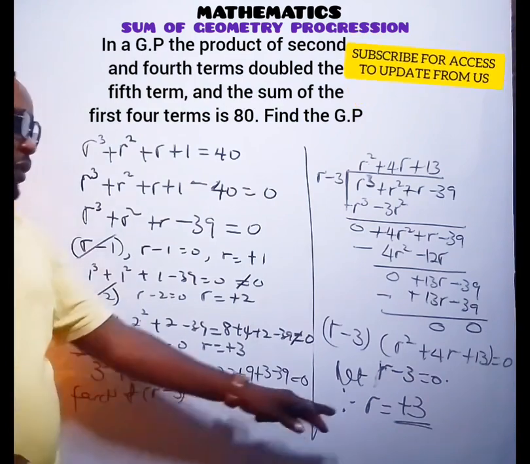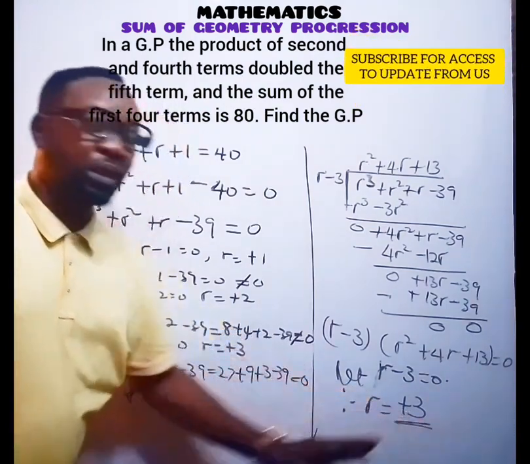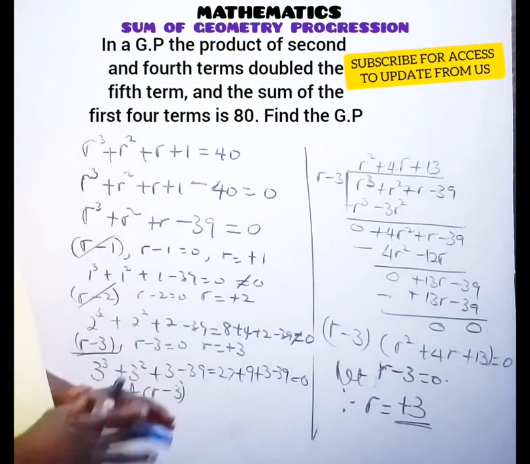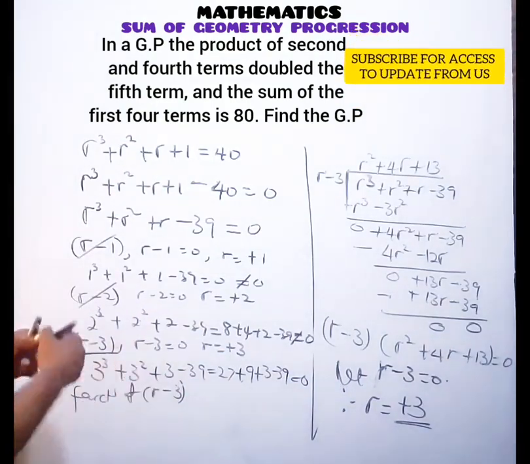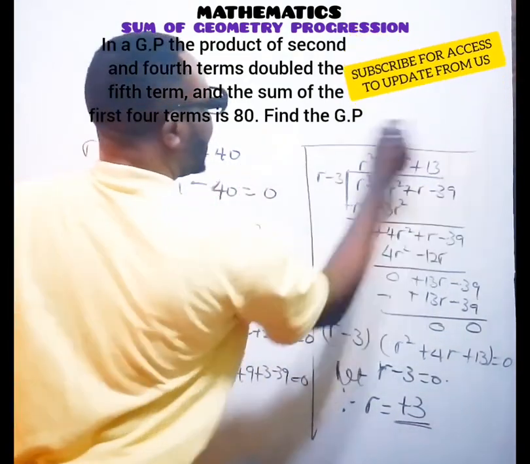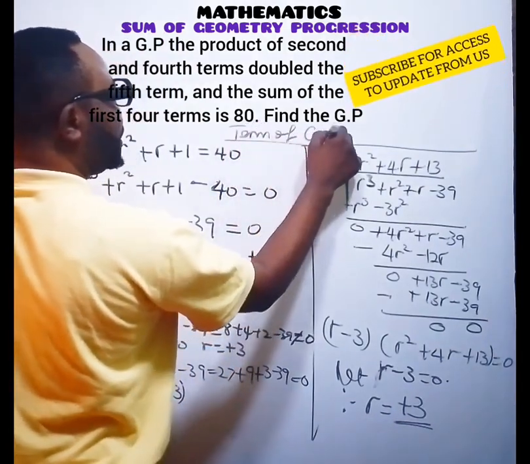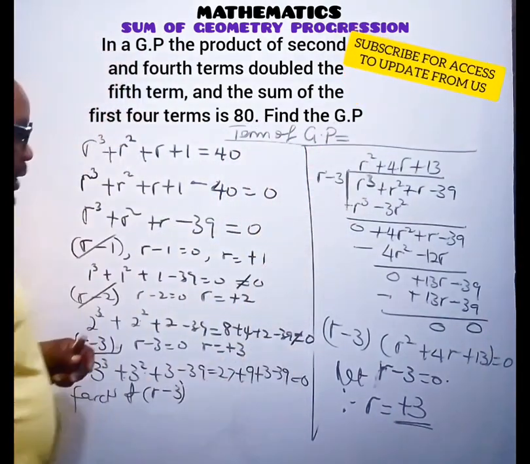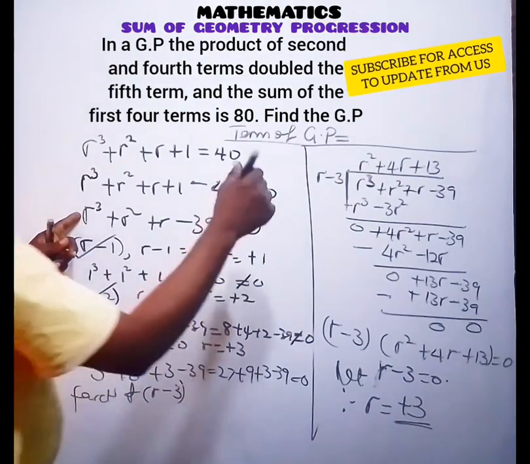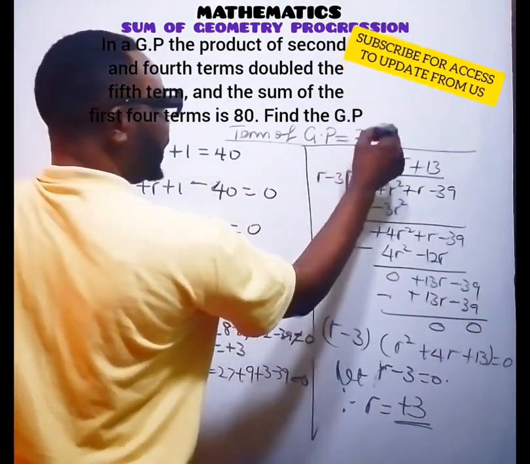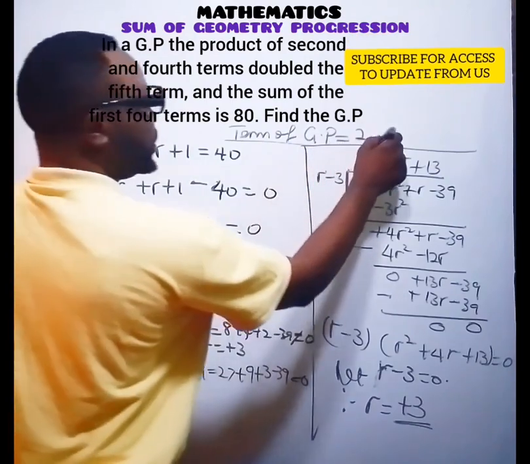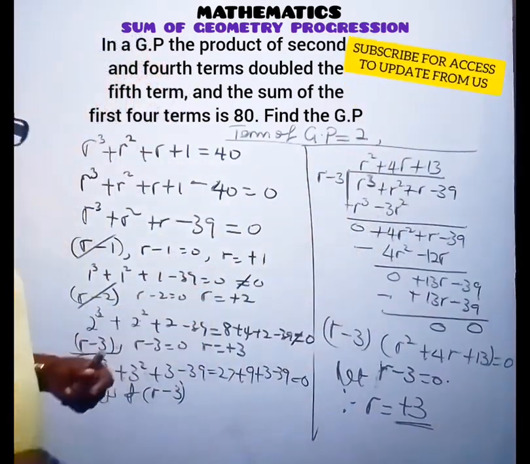Now we have been able to get the value of r to be equal to plus 3. Now for us to find the terms of the geometric progression, what is the first term? The first term has been known to us to be a, that is 2.